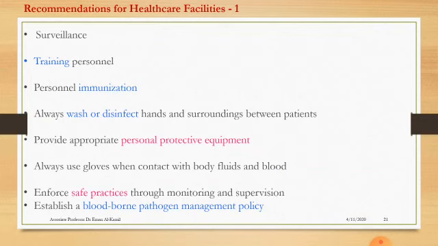Training personnel about how to use different aspects, such as the removal of unnecessary injections or certain precautions to prevent infection, as we mentioned previously. Personal immunization, especially the hepatitis B vaccine. Always wash and disinfect hands and surroundings between patients.